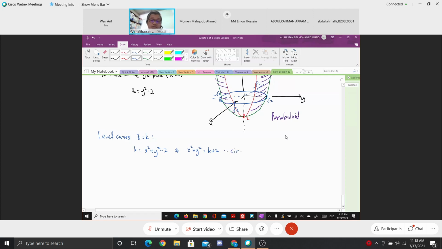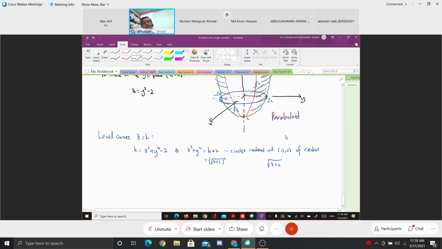Centered at 0 with radius square root of k plus 2.